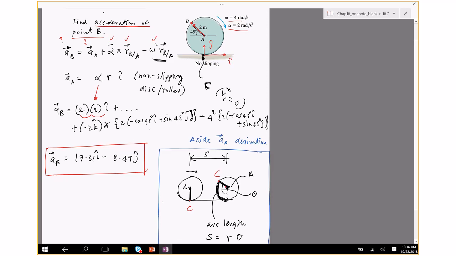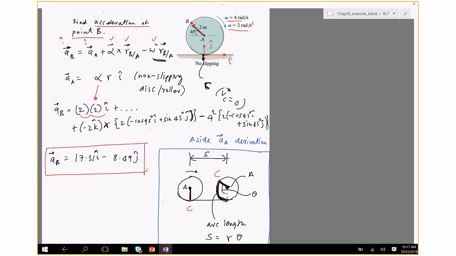So these calculations tend to be very lengthy. That's how it is, just because the acceleration term has three things there. It's alpha crossed with r of B with respect to A minus omega squared r of B with respect to A. Okay, so that just illustrates how to use that formula.